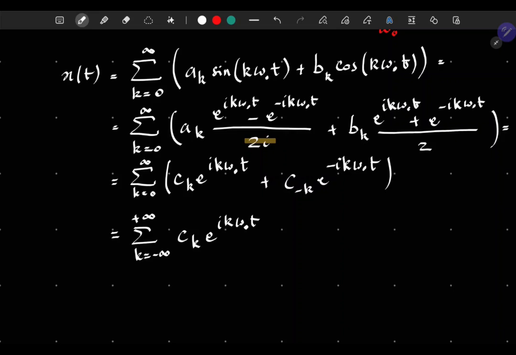In general, we could look at the coefficient c k as a function of the specific frequency omega equals k omega naught. So we could denote them as c k equals capital X of k omega naught. And this will come in handy in a minute.